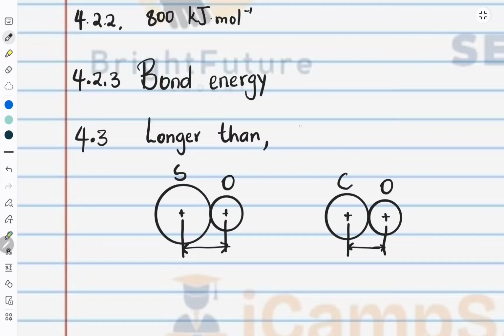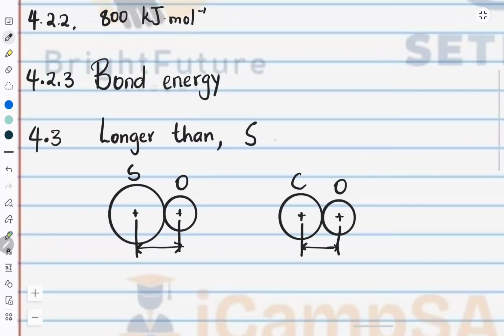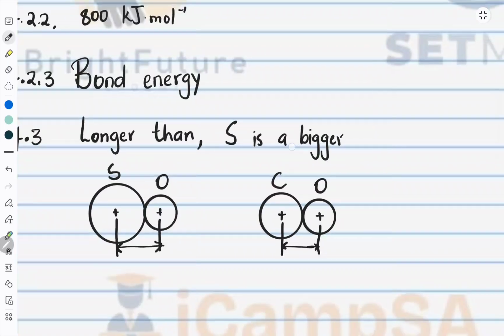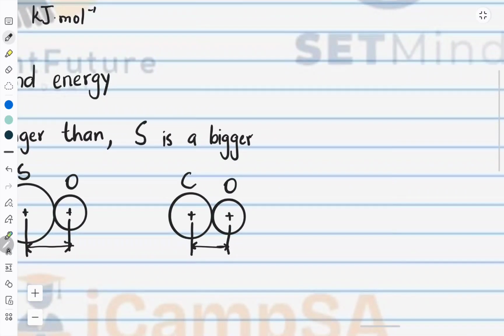Why? Sulfur is a bigger atom than oxygen, or it has a bigger atomic mass compared to oxygen.